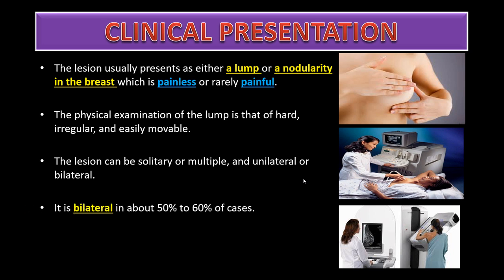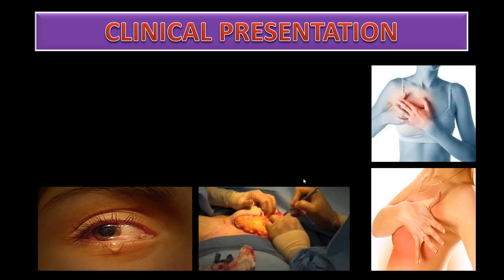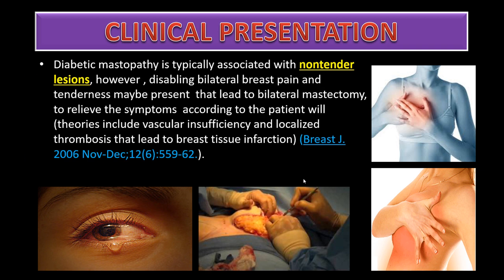It is bilateral in about 50% to 60% of cases. A patient can also have a non-palpable lesion and show only abnormal radiographic findings. Diabetic mastopathy is typically associated with non-tender lesions.